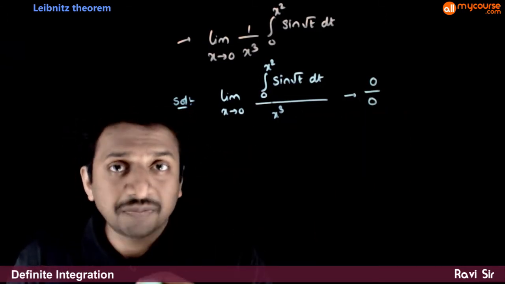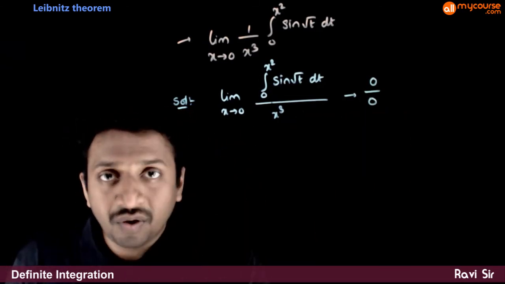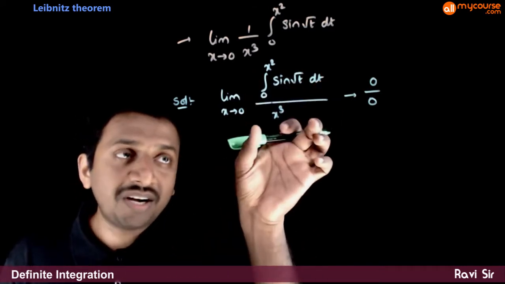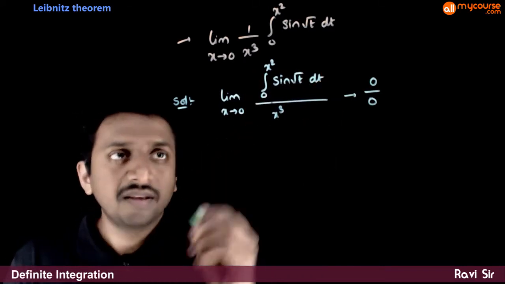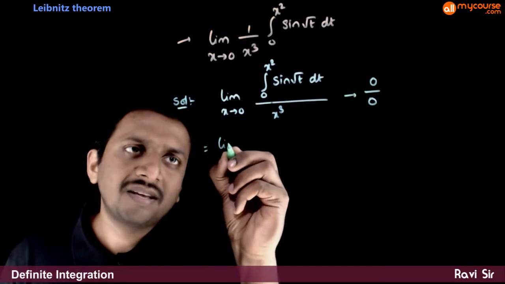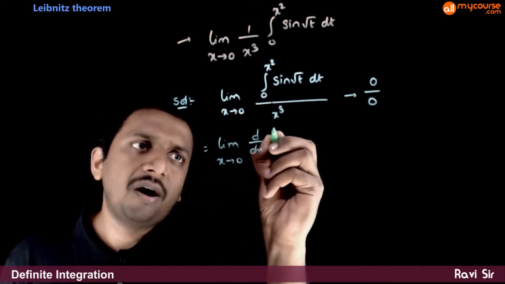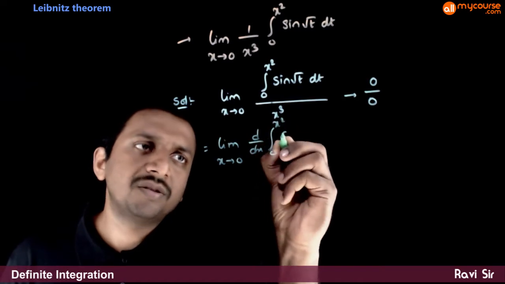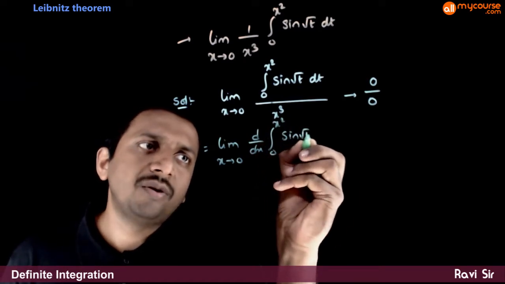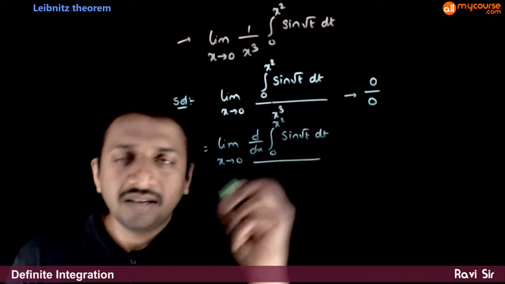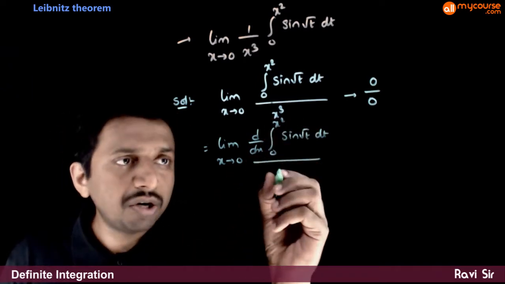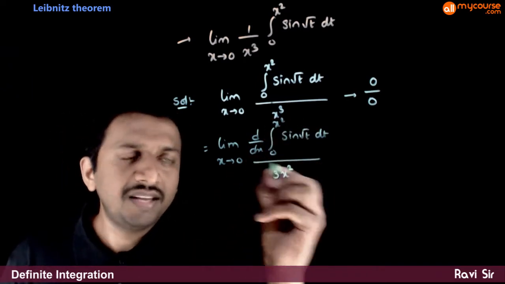Hence, by L'Hospital rule, this limit can be found out by differentiating the numerator as well as the denominator. So this is same as limit x tends to 0, d by dx of integration 0 to x square sine root t dt divided by the differentiation of x cube, which is 3x square.